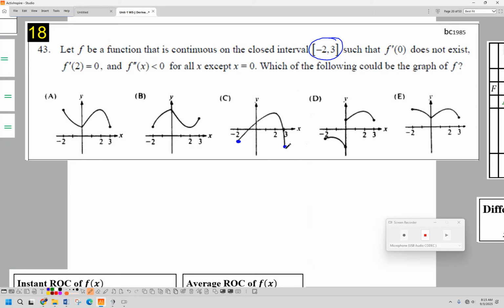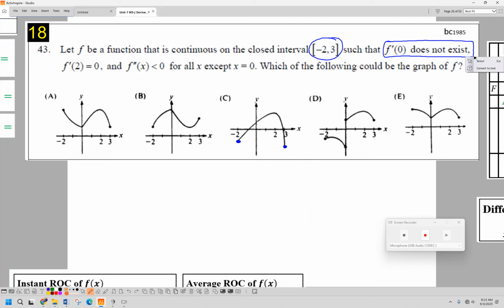Okay, keep reading. It says f prime of 0 does not exist. We need to translate that. I'm going to grab my keyboard so we can type what that means. f prime of 0 does not exist. Let's type out what that really means. We are looking at the graph of f.